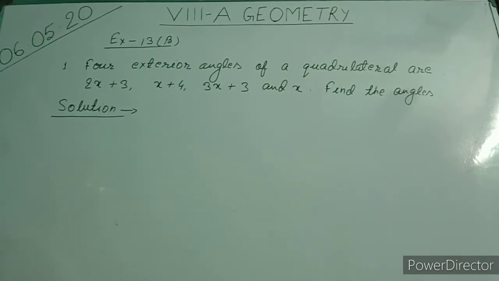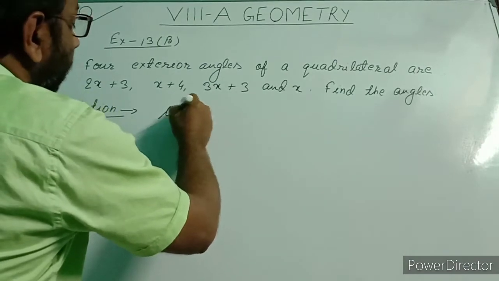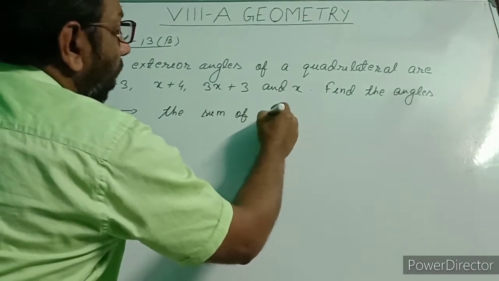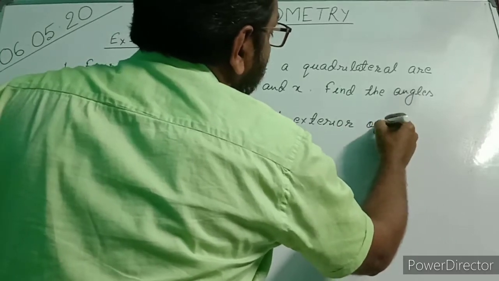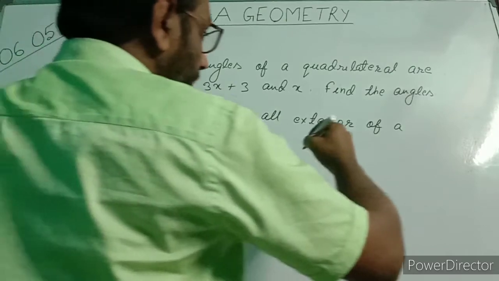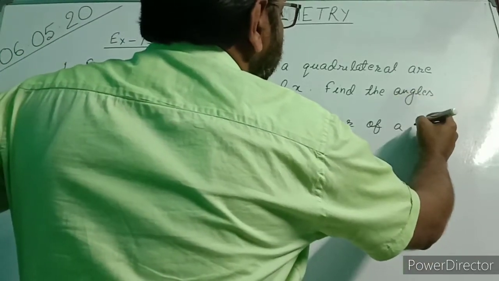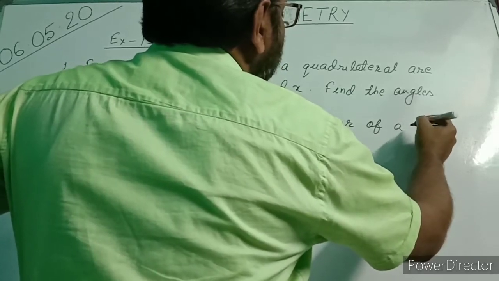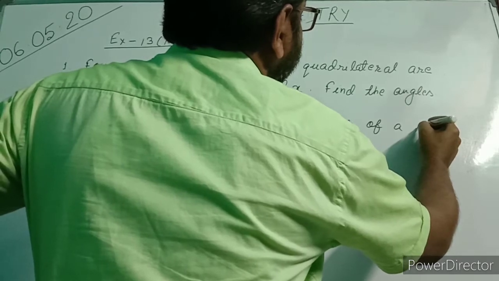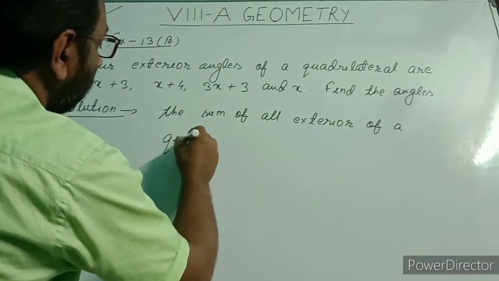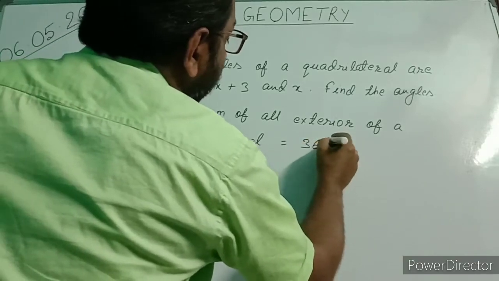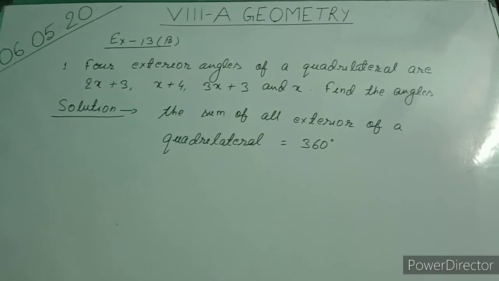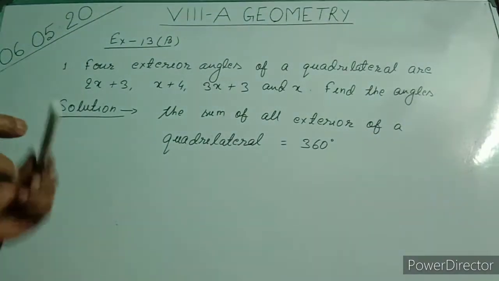We know one formula from that exercise, that the sum of all exterior angles of a polygon, or here we can say quadrilateral, equal to 360 degree.